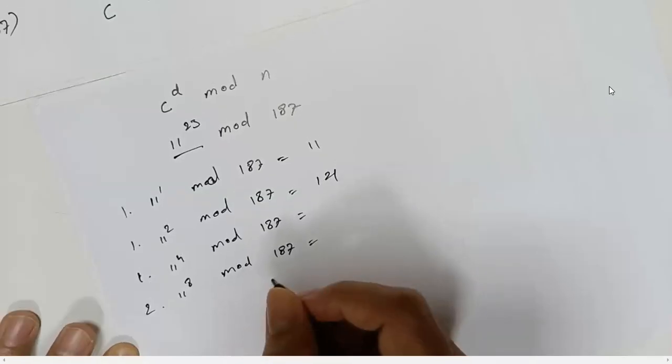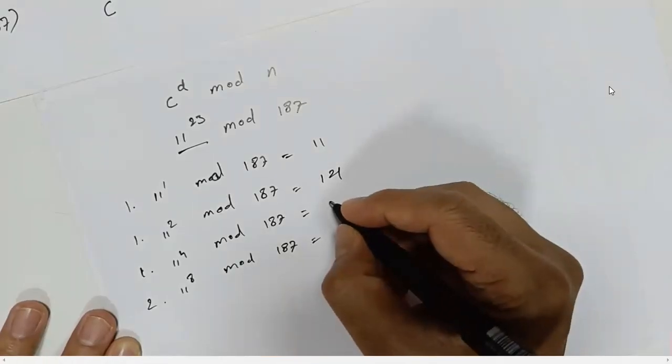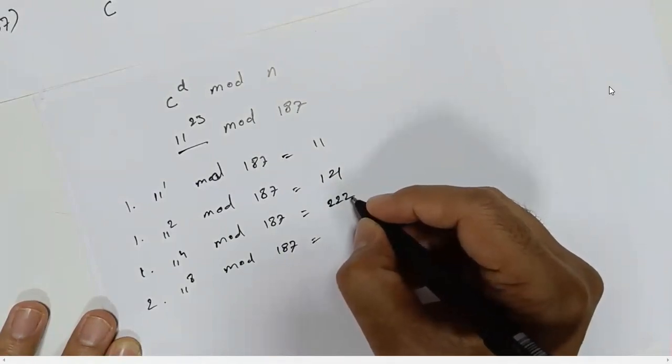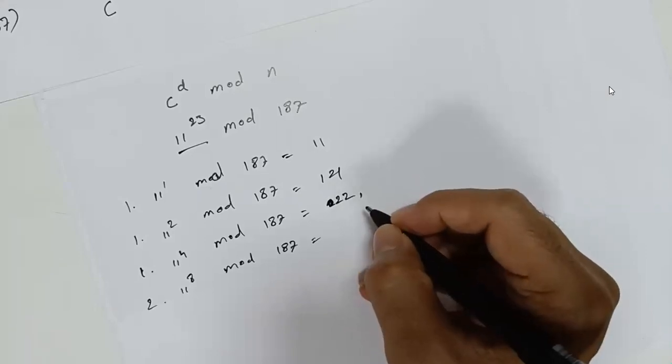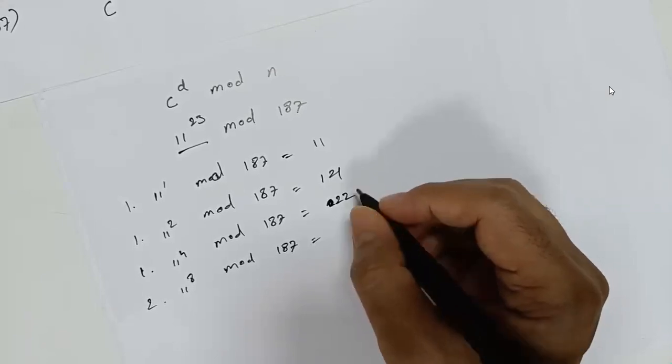Which answer are you giving me? So the third part, it would be 222. No, sir, only 22. Okay, only 22. Okay. No, sir, sorry, sir, it's incorrect. I thought it is 11 to the power 3. It is 4 actually.